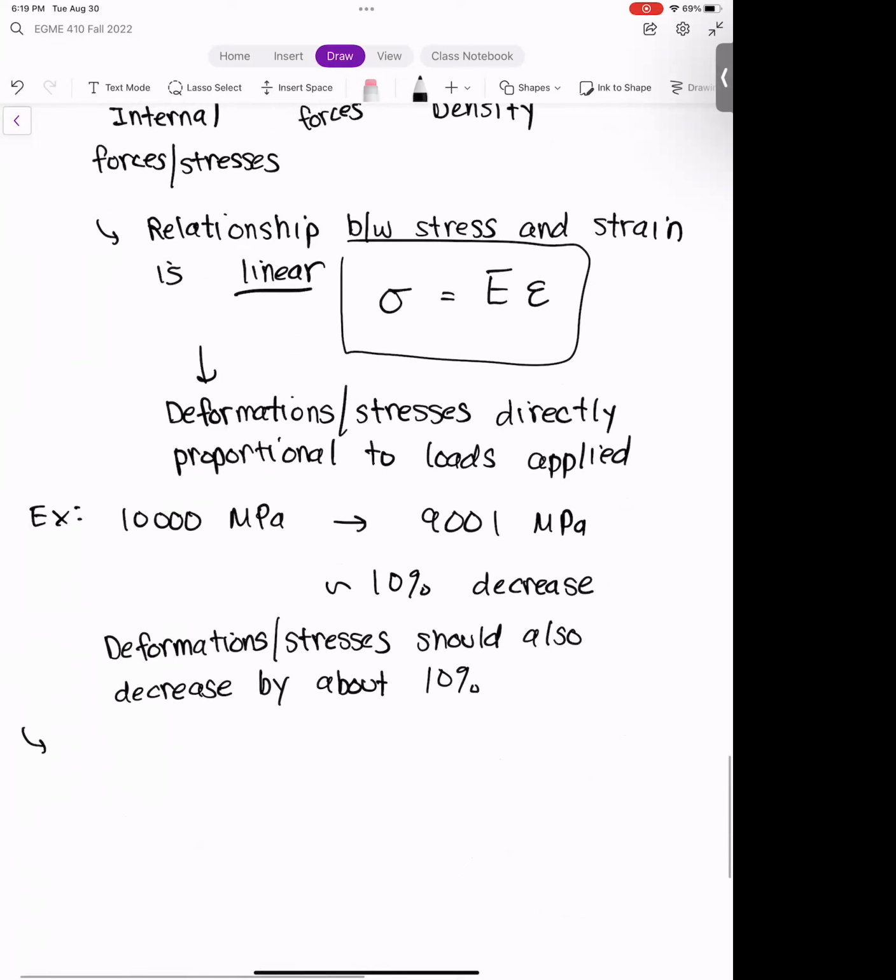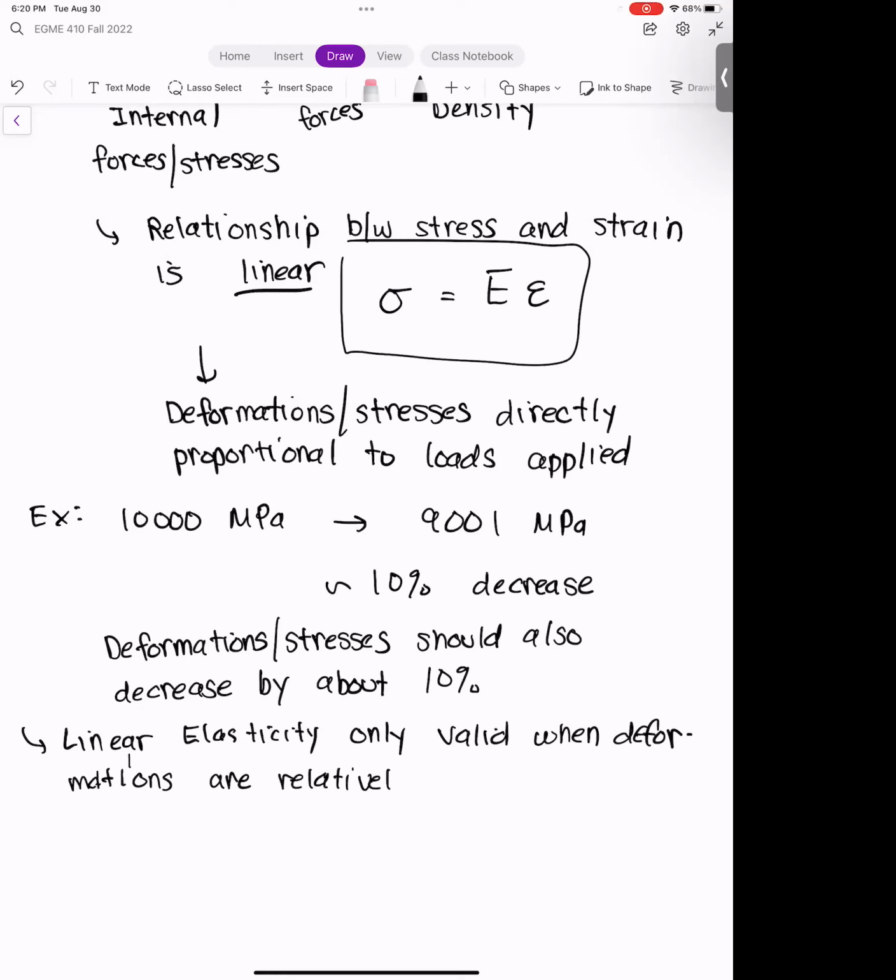If you start to have larger deformations, you actually need to use different techniques. Question?